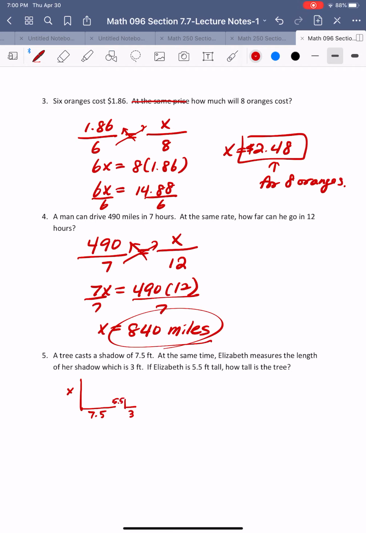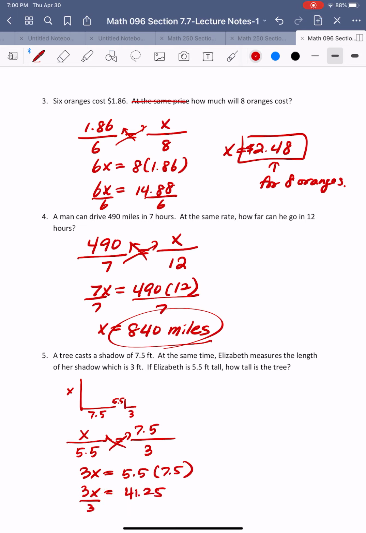So make a proportion: x over 5.5 equals 7.5 over 3. Cross multiply: 3x equals 5.5 times 7.5, so 3x equals 41.25. Divide by 3 on both sides, and x equals 13.75 feet, that's the height of the tree.